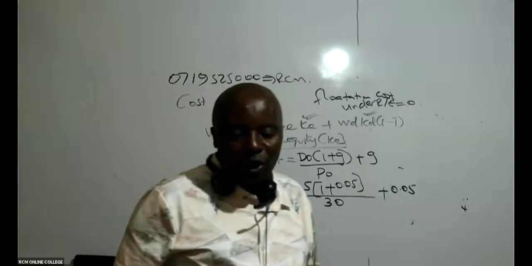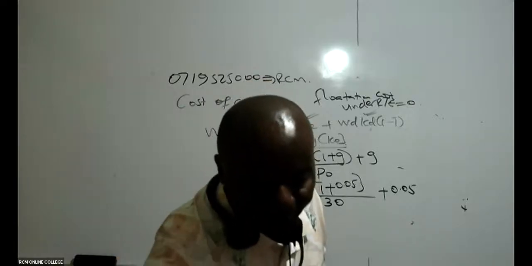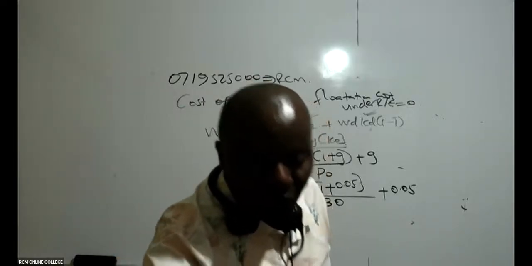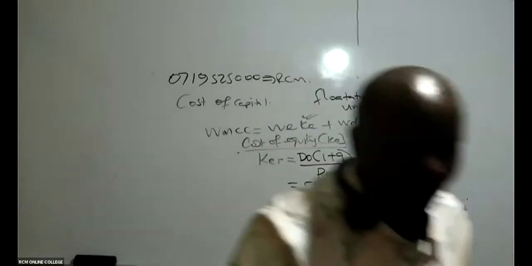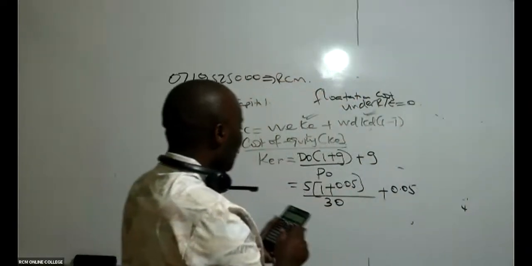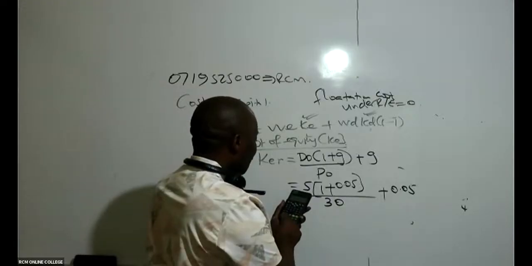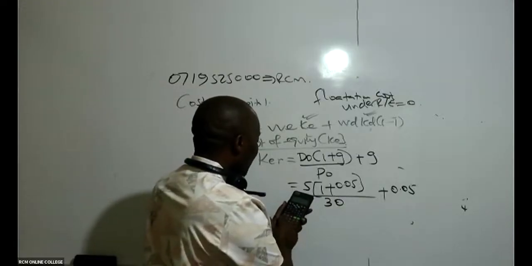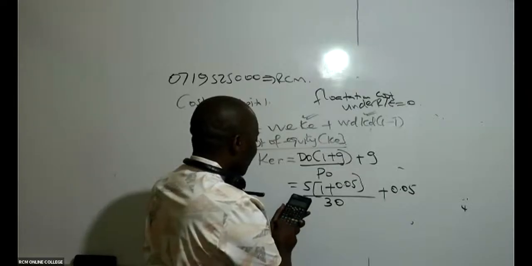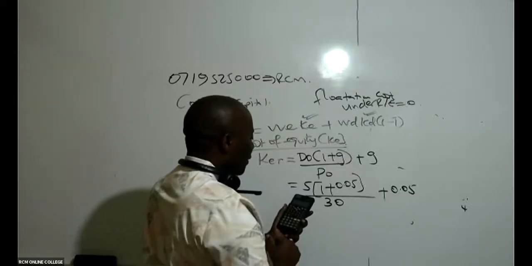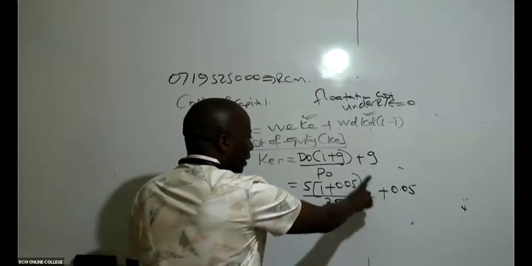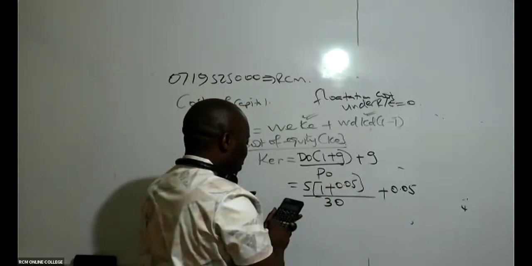So let us get all of us our calculators. We are saying 5 times, in brackets, 1 plus 0.05, close, divided by 30, equals first. Whatever I get, I add the growth rate, plus 0.05.